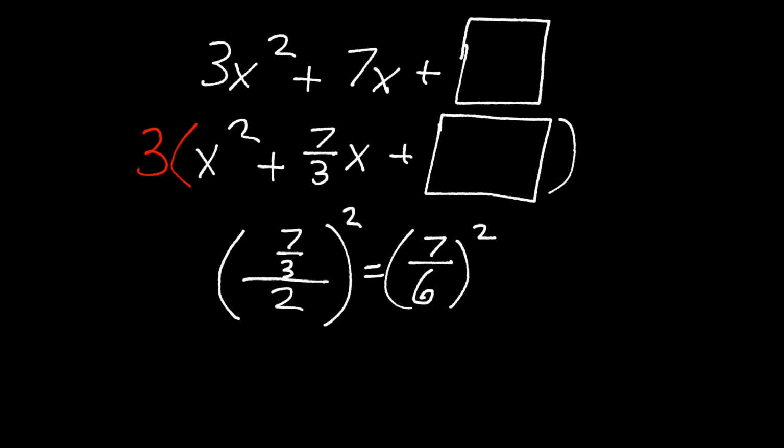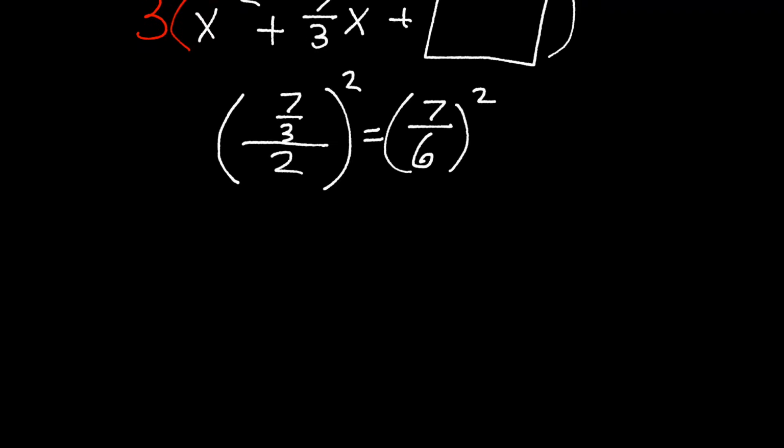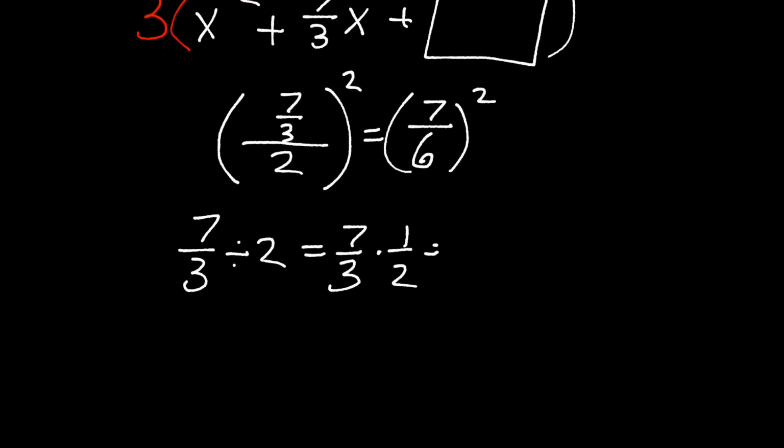Because when we divide by 2, quick little fraction lesson here, if I have 7/3 divided by 2, this is the same thing as 7/3 times 1/2. You multiply by the reciprocal. 7 times 1 is 7, 3 times 2 is 6.